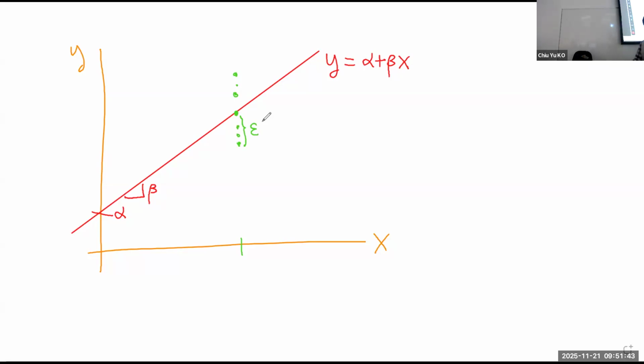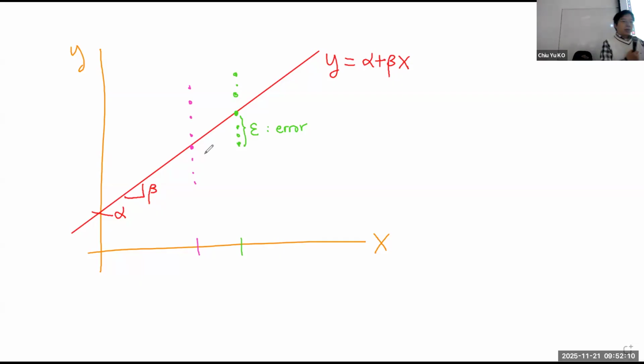This is called error. If your data point is here, then you may observe here, but you can observe anything. Anything can happen. And we assume the variance is the same no matter which X.